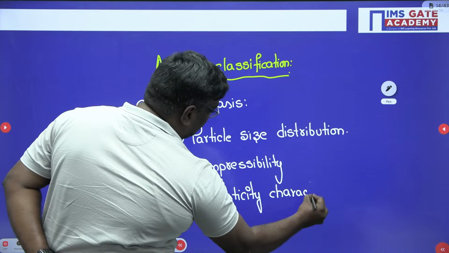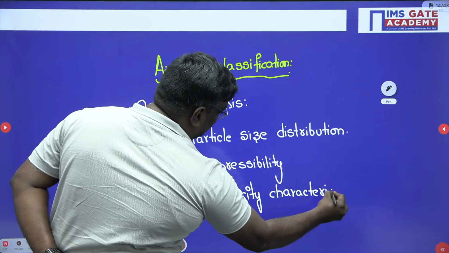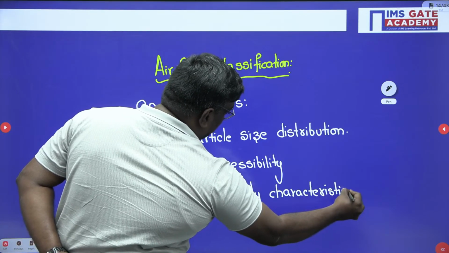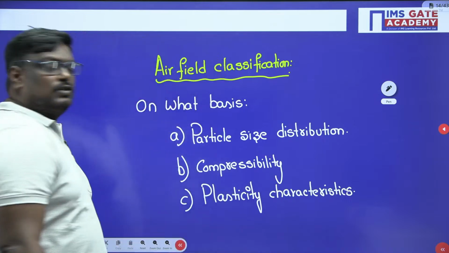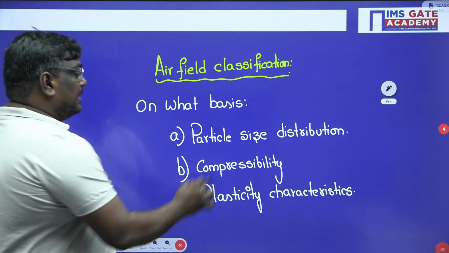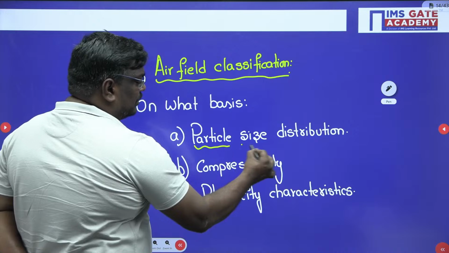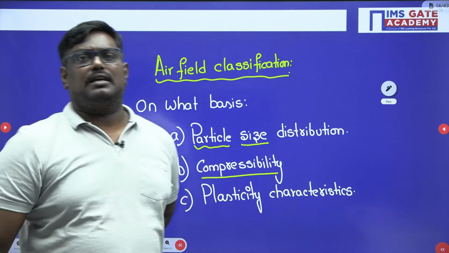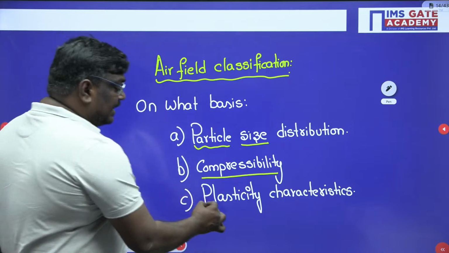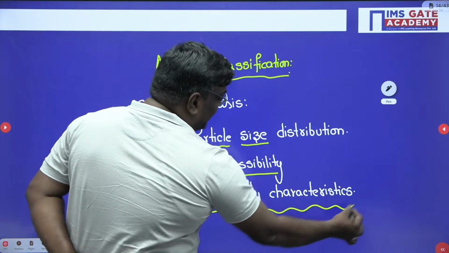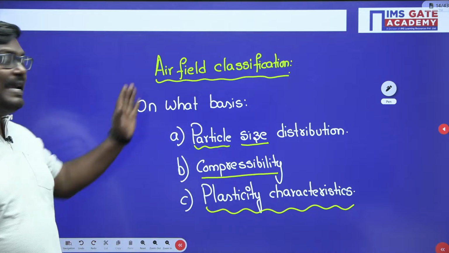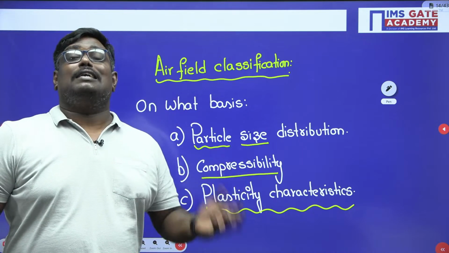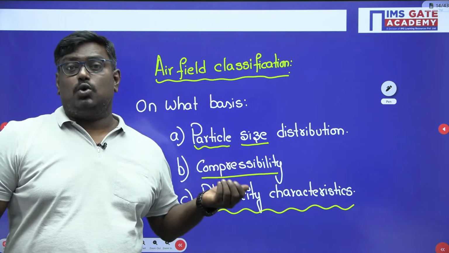See students, on the basis of particle size distribution and compressibility, I told you removal of air and water is nothing but compressibility. Plasticity characteristics are nothing but liquid limit, plastic limit, shrinkage limit. Based on this, they have classified the soil into fine grained or coarse grained.